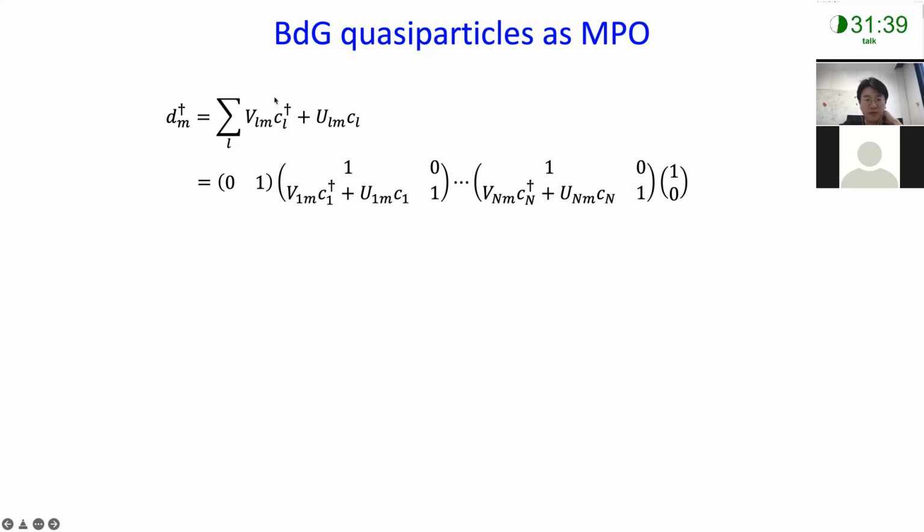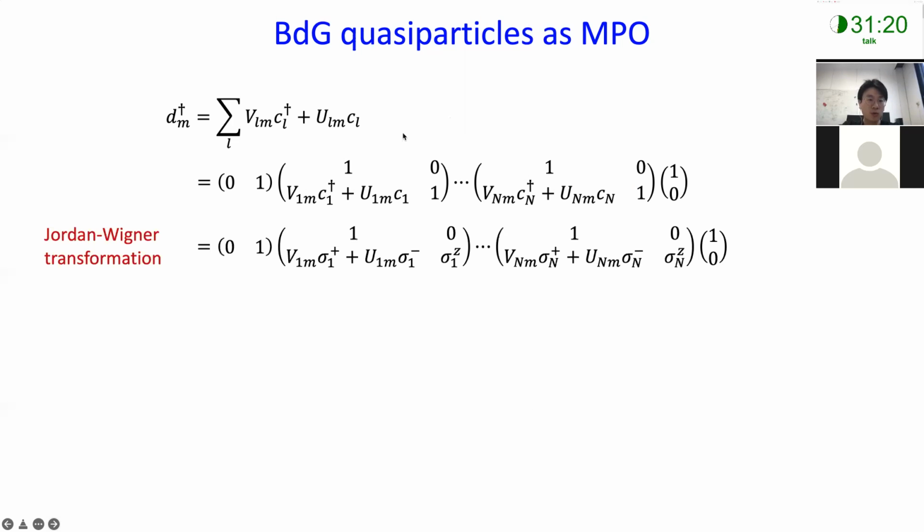This is very straightforward, because if you multiply this rank 2 matrix, you will find the summation over the C and the C dagger is just the product of this rank 2 matrix. So here we have an MPO with bond dimension D equal to 2.